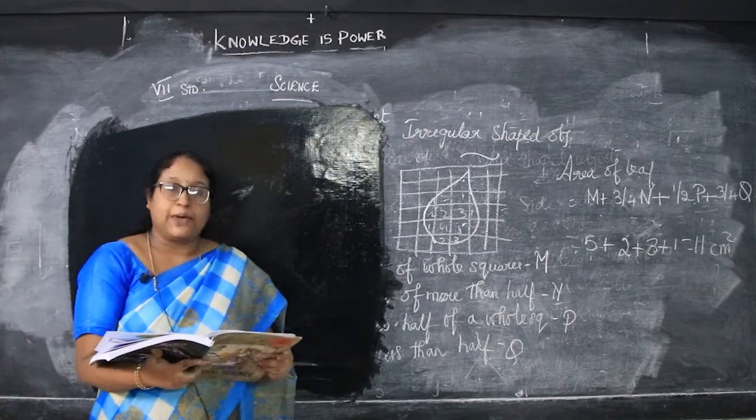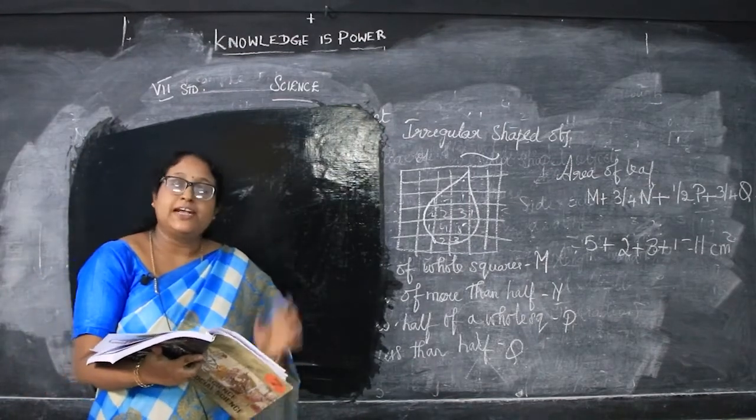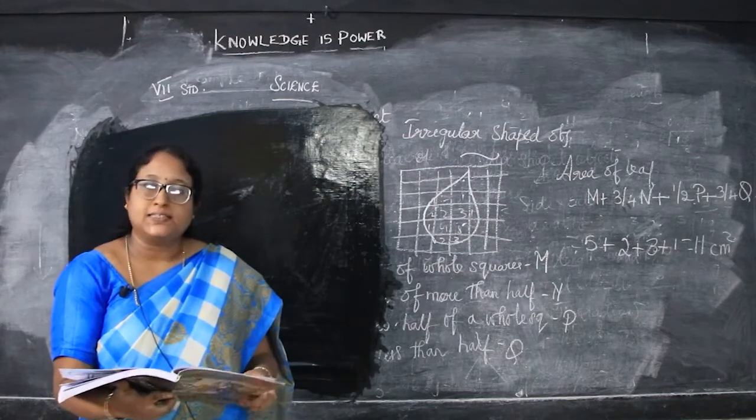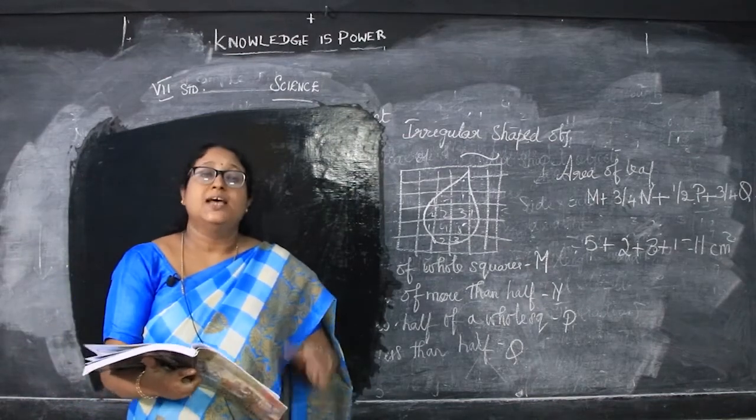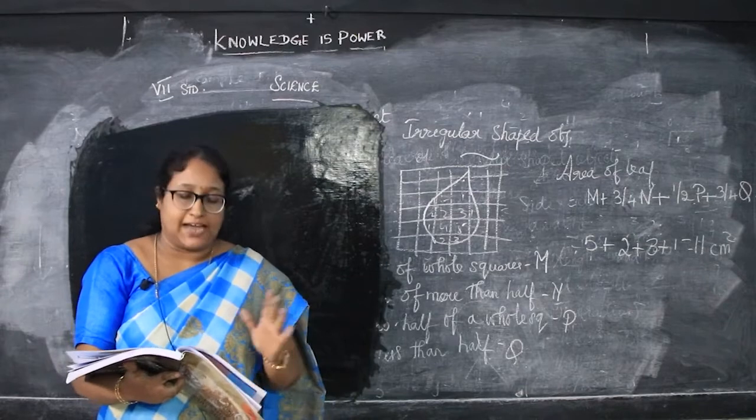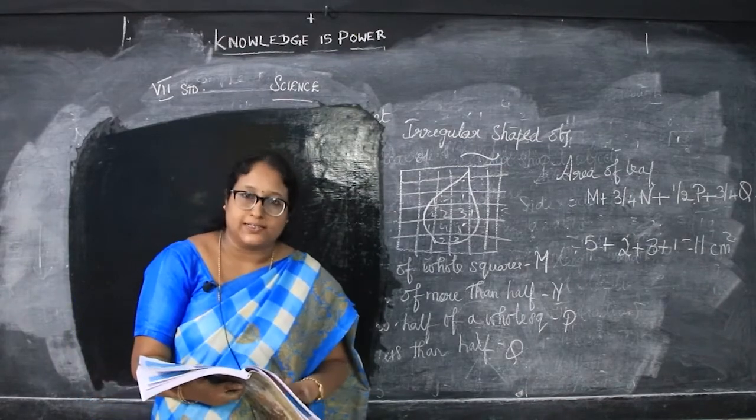The amount of space occupied by a three-dimensional object is known as volume. So what is volume, children? The space occupied by a three-dimensional object is known as the volume.